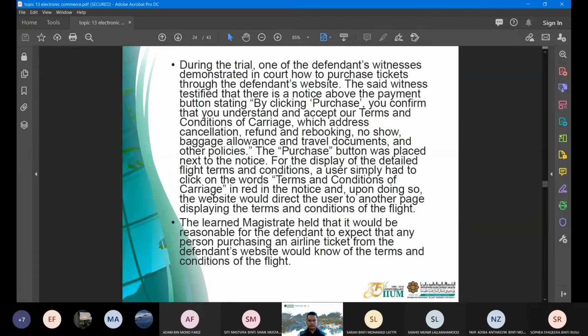So during the trial, the website of AirAsia was examined by the court. The court found that the terms and conditions of the carriage were put in a red notice.